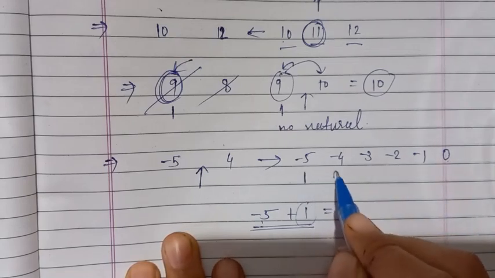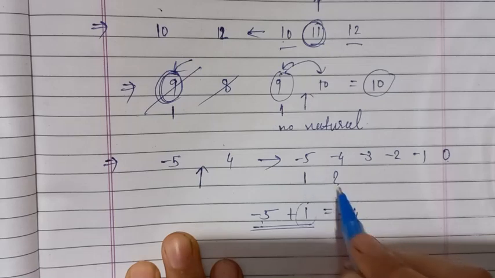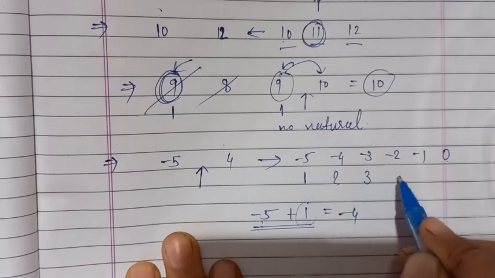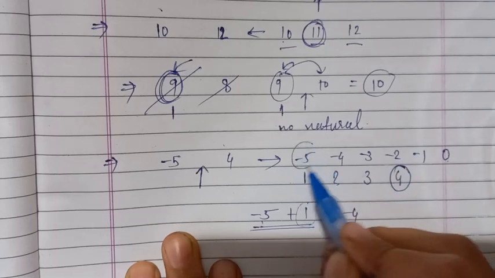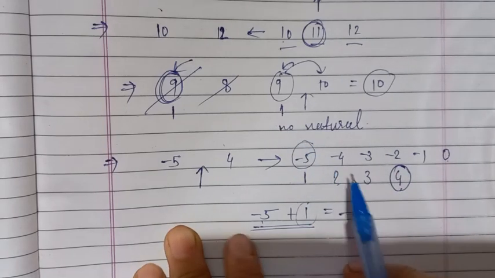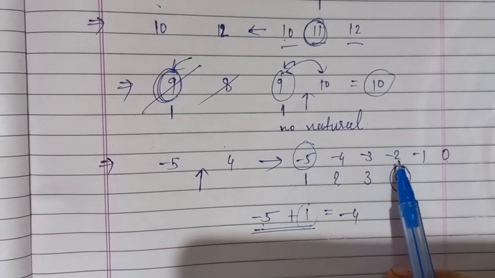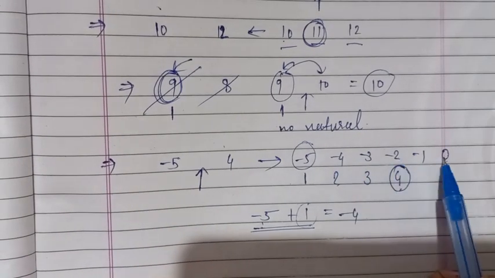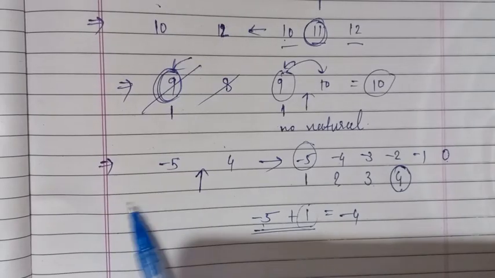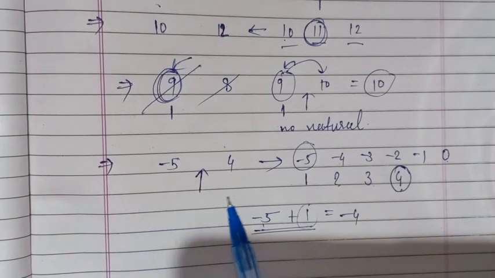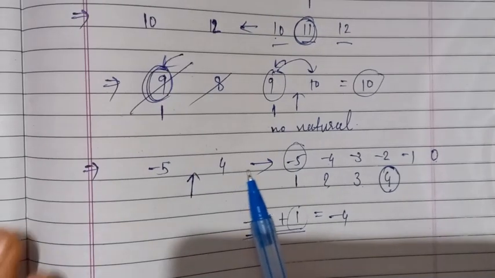Again add 1, we get 2, then 3, and at last we reach 4. Count the integers: 1, 2, 3, 4, 5, 6, 7, 8. So there are 8 integers between -5 and 4.